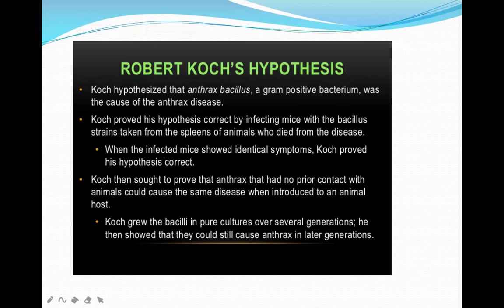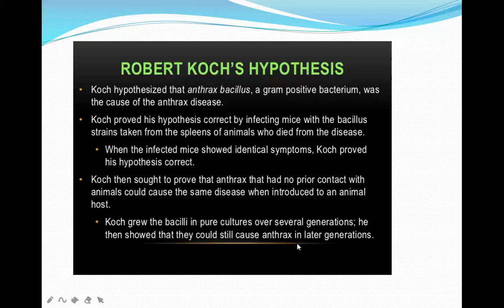Koch then sought to prove that anthrax that had no prior contact with animals could cause the same disease when introduced to an animal host. Koch grew the bacilli in pure culture for several generations. He then showed that they could still cause anthrax in later generations.